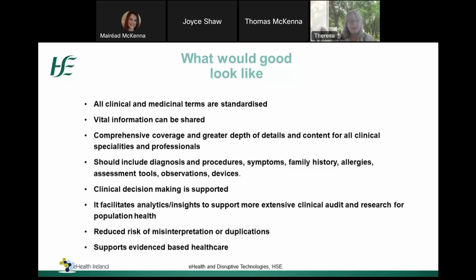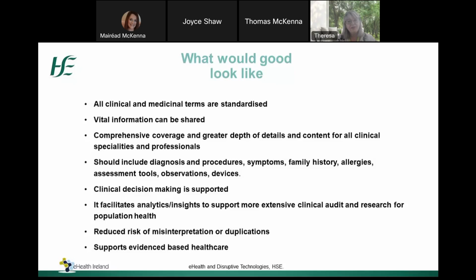It also facilitates our analytics and our insights to support more extensive clinical audit and research on population health. And as we all know, in COVID times, population health research, these things, and clinical audit became extremely important, and using data to inform all of this is what we need. But we need good quality data, and that's what we don't have.